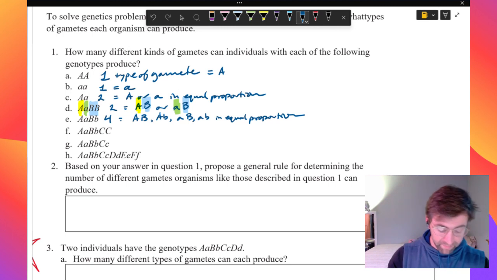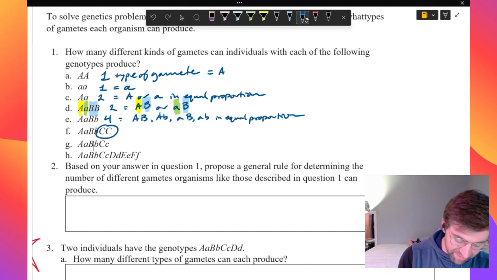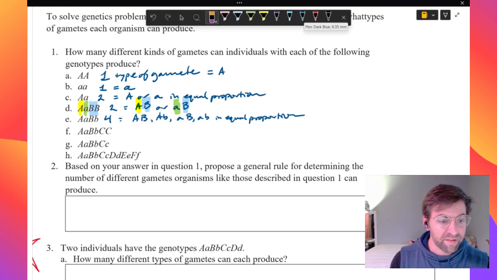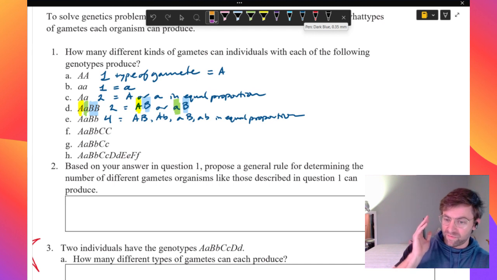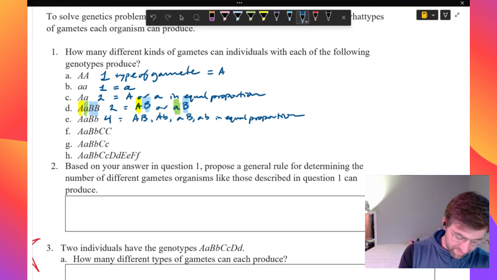And these would also be in equal proportion. Okay, adding an additional gene. It's homozygous dominant. Okay, we can shortcut this. This would basically be like multiplying times one, right?